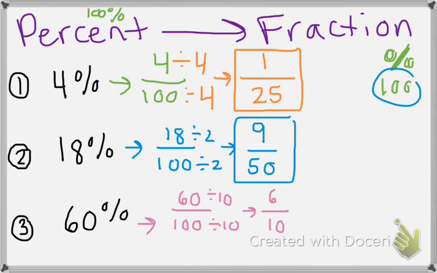Can that be simplified? Yes, it can. Let's simplify by 2. 6 divided by 2 is 3, and 10 divided by 2 is 5. Can that be simplified? No, it cannot. So your answer for that is 3 over 5, or 3/5.